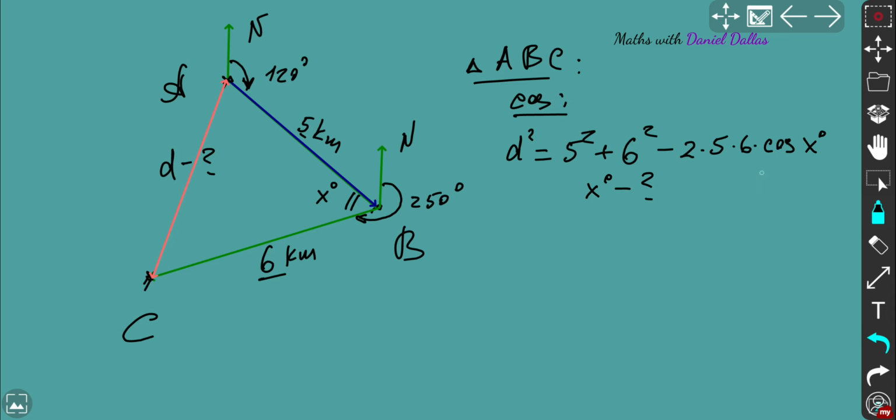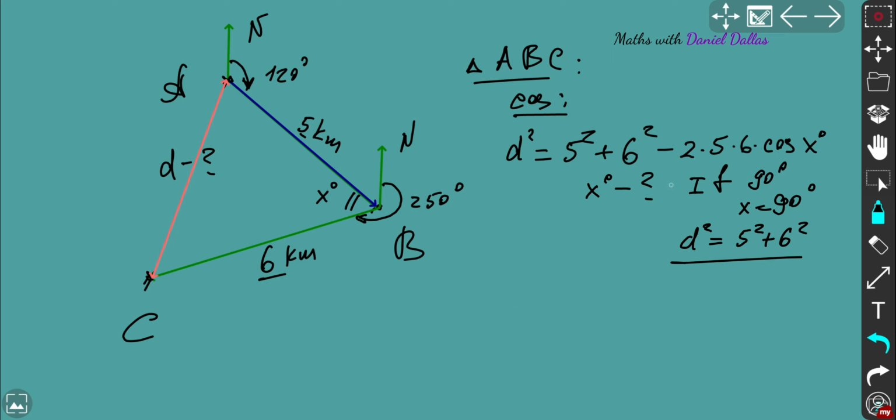If it's a 90 degrees angle, there are two cases. If your x is 90 degrees, cos 90 is 0, and you have perfect Pythagoras. So if you can establish that your angle x is 90 degrees, you'll use the shortcut of Pythagoras, because your triangle is right-angled and you're looking for the hypotenuse.